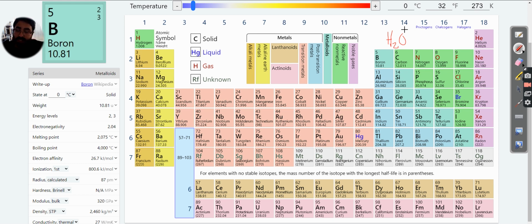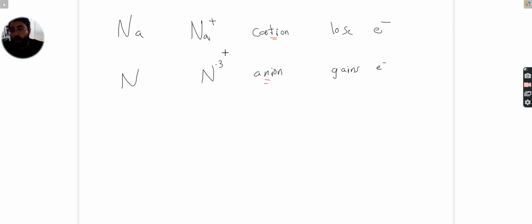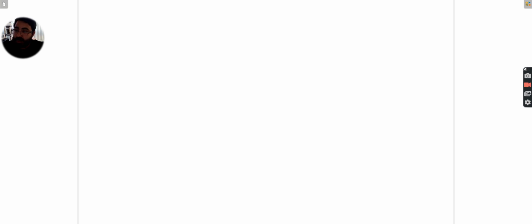Now with both of these, there's no transfer of electrons. There's no positive and there's no negative. There's what you call a sharing of electrons. So nonmetals like to share electrons. So what ends up happening is oxygen likes getting 2 electrons.